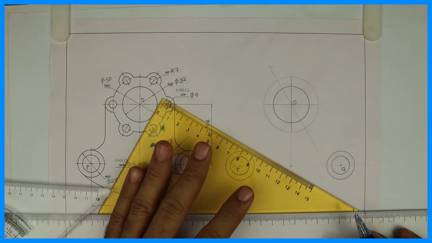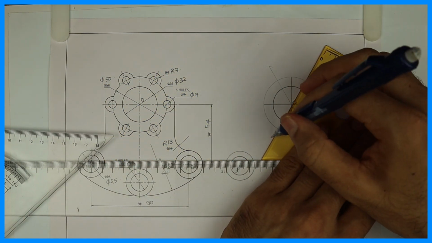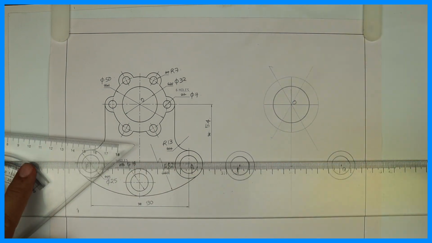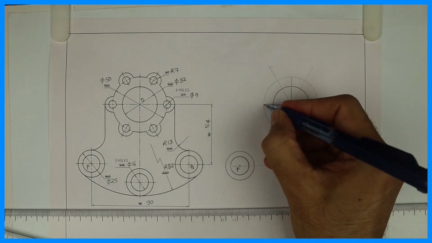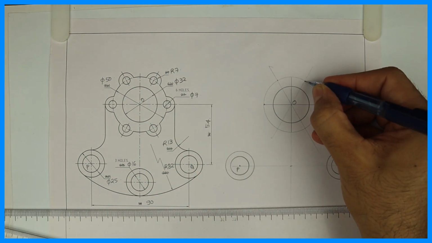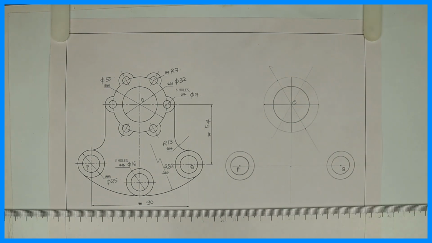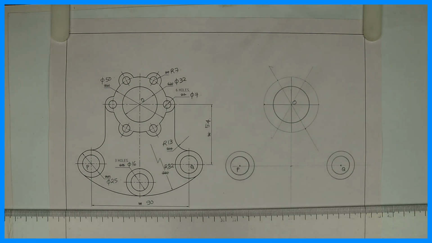Because 360 divided by 6 would be how much? 60. So we need to take 60 degrees between all these circles. So I have divided the circle into how many parts? 6 parts, because we need to draw 6 circles. If there are 8 parts, then we'll divide the circle into 8 parts.